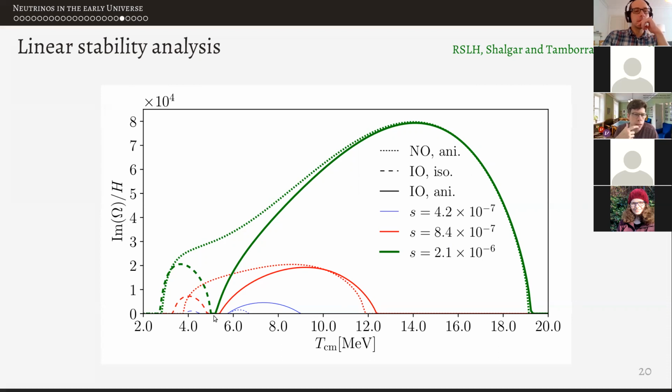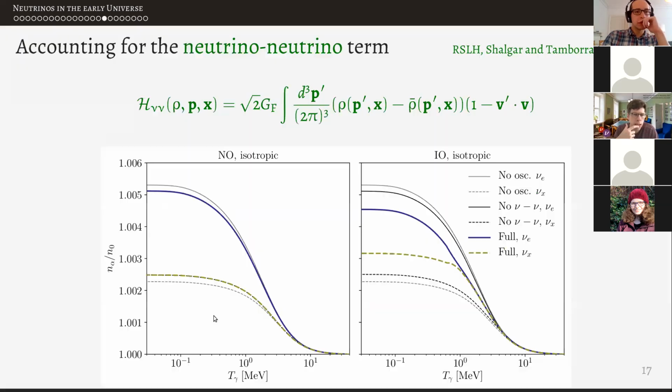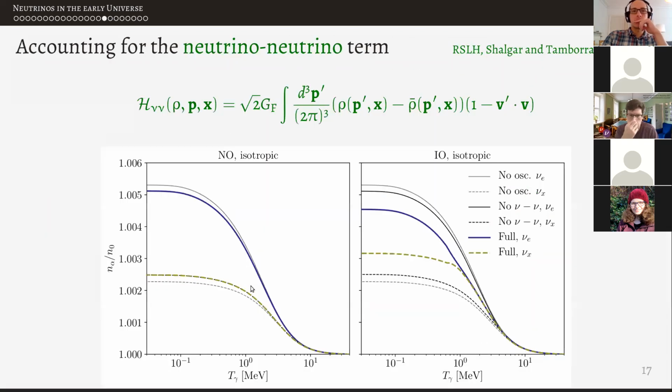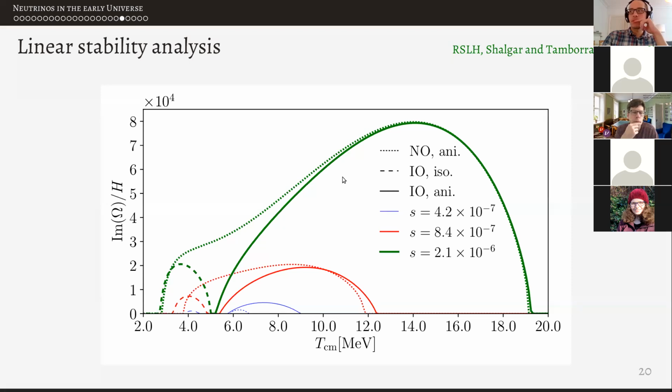Indeed. What happens at 5 MeV is that if we go back to the Hamiltonian, at 5 MeV the symmetric matter term stops being dominant and the vacuum term takes over. And that's also why the symmetry properties of the inverted mass ordering change.